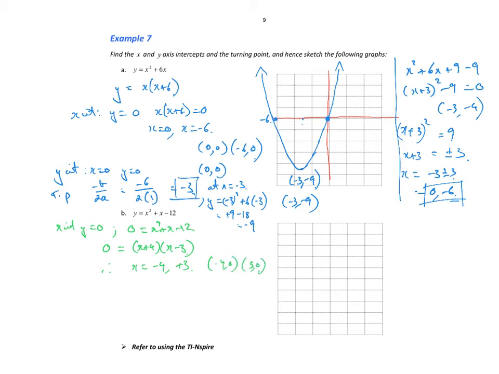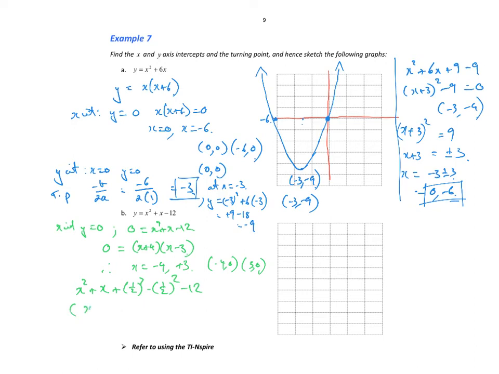Let's complete the square this time, just for something a little bit different. We'll go x squared plus x, halve it and square it. So it's plus a half squared minus a half squared minus 12.